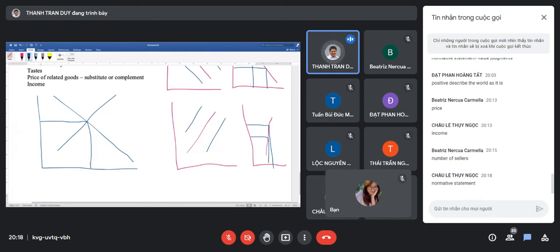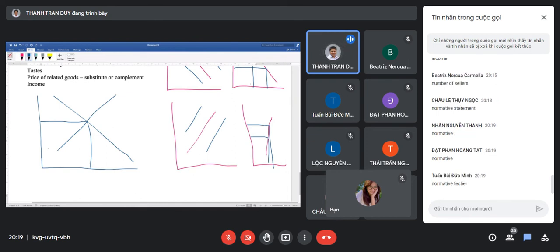But if I say people should eat more durian to help the farmers growing durian, what kind of statement is it? Yes, it's a normative one.